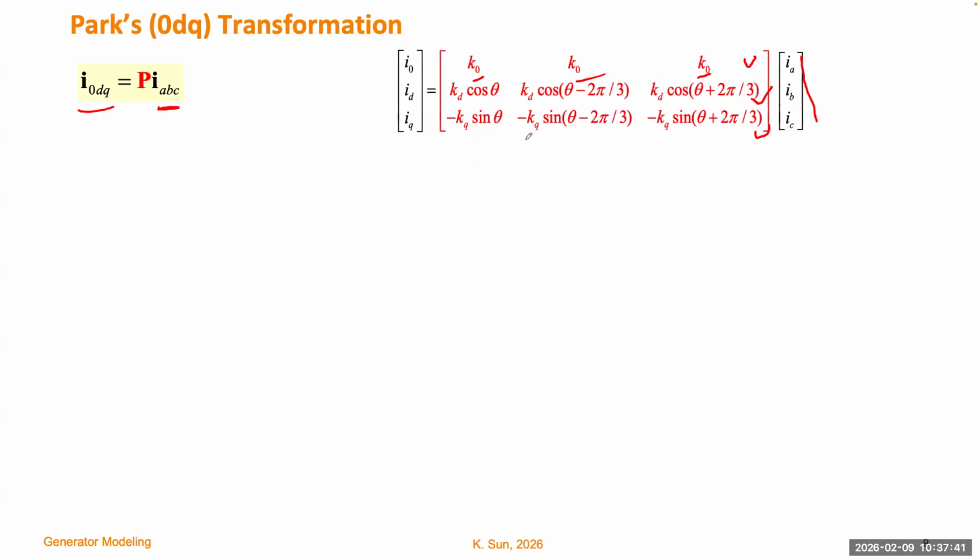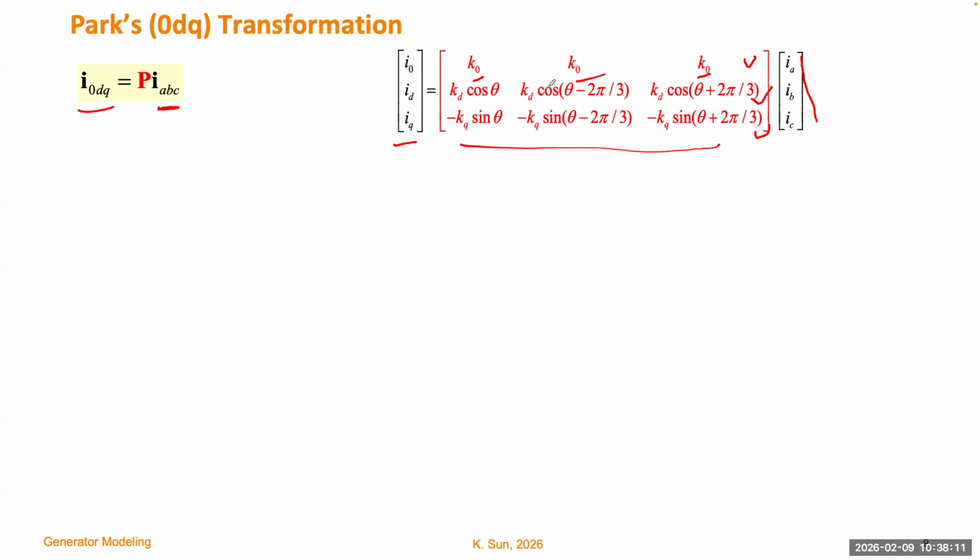So in this transformation, we assume three constants like K0, KD, KQ. They can take arbitrary values as long as they're not zero. For any non-zero value, they will be able to get rid of the theta dependency, which means if you apply this transformation to create the three new fictitious currents, then using the three new currents, the inductance matrix has no theta at all.